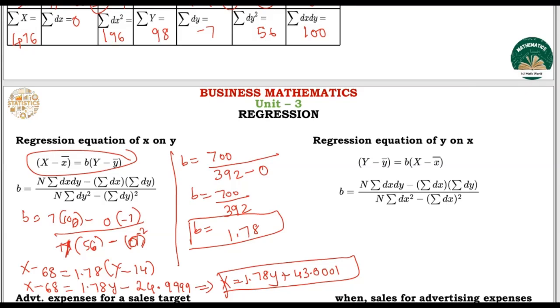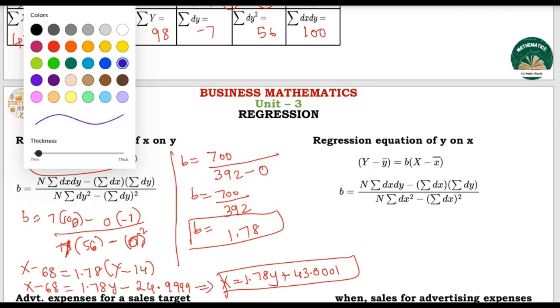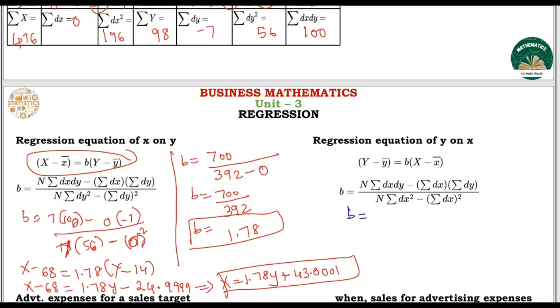Now in the same way you will be doing for the other side. So here we have b equals 7 into sigma xy, which is 100, minus sigma dx, which is 0, into dy, which is minus 7, divided by 7 into dx square, which is 196, minus dx, which is 0, square.